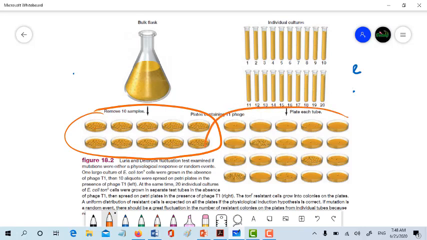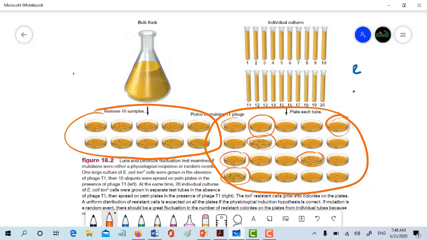These plates were taken from the independent tubes. There is no resistant colony in this particular Petri plate, whereas in some of the Petri plates the number is very large. So it clearly tells us about random mutation, and in others the number is very small. As you can see, 2 in here, 1, and there are only 3.